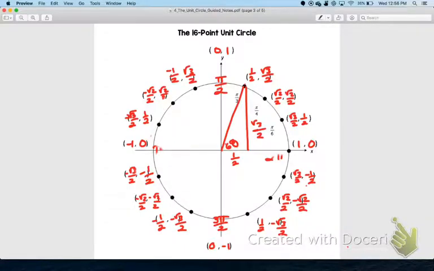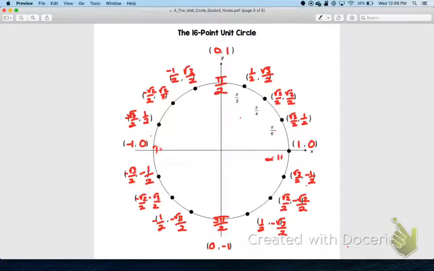So now let's fill in the actual radians for everything. So pi over 6, pi over 4, pi over 3, pi over 2. What are we trying to get to? So 90 degrees plus 30, so 120.